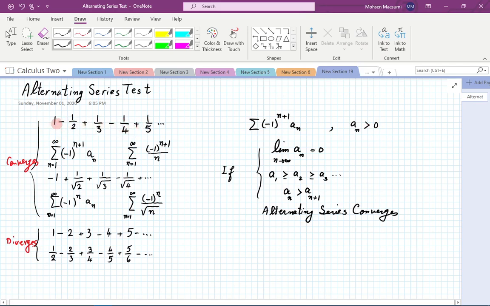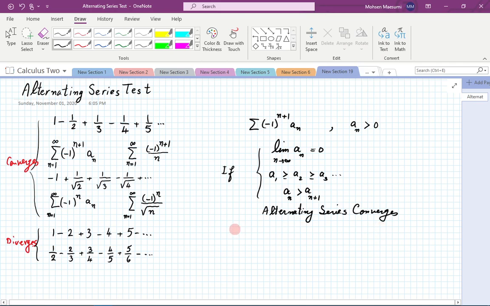And in this case, it's very easy to see that the terms are decreasing as you go toward infinity, and they are going to 0. If all these conditions are met, then we have an alternating series that converges.